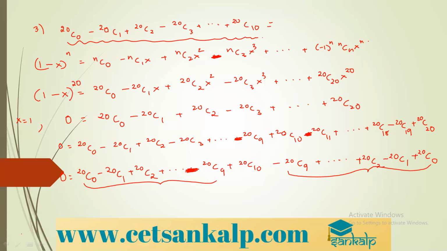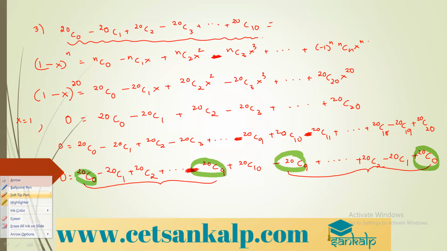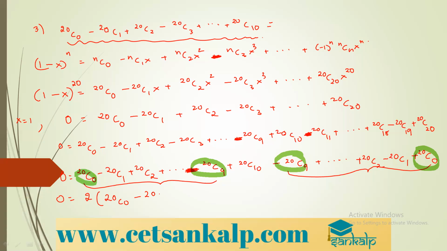What I mean is from 20C0 to minus 20C9, they are repeating. So I can take 2 times 20C0 minus 20C1 plus 20C2, so on, minus 20C9.